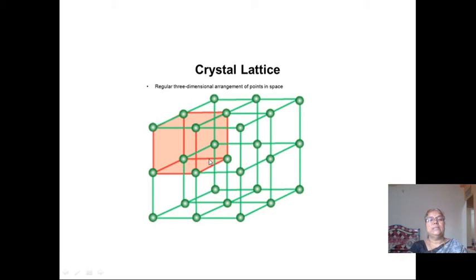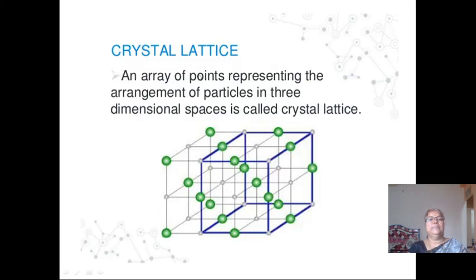It is called crystal lattice, a regular three-dimensional arrangement of points in space. Then an array of points representing the arrangement of particles in three-dimensional space is called crystal lattice. Okay, this is the crystal lattice.